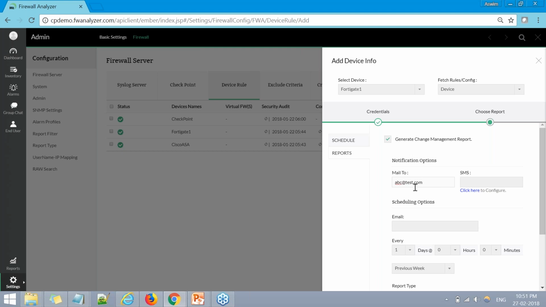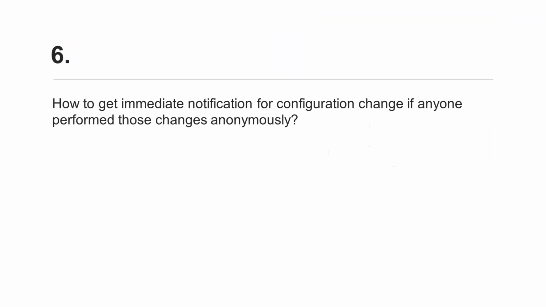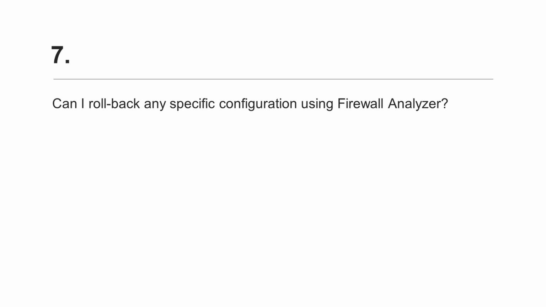This email address will be used to notify whenever a change happens, and in the email alert we will be able to see who did the change, what the change was, and at what point of time. So the answer for this question is yes. We can get this, and we have to configure the email under the notification section.